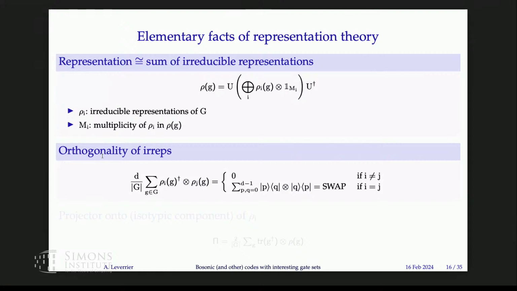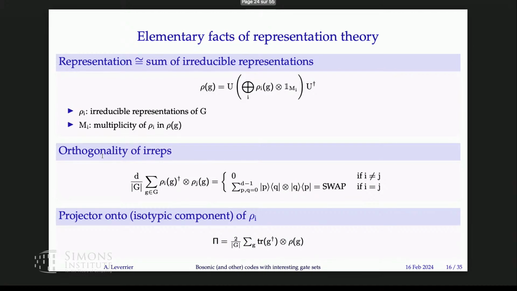Then you need to know something about irreps, about these elementary things. There's an orthogonality formula for irreps. If you take this sum over the group G of these two terms over irreps I and J, then if I is different from J, you get 0. Otherwise, you get this kind of operator, which is just a swap gate between the two systems.